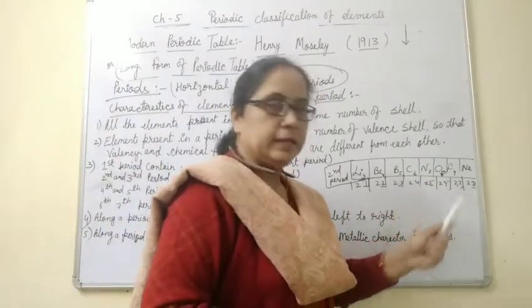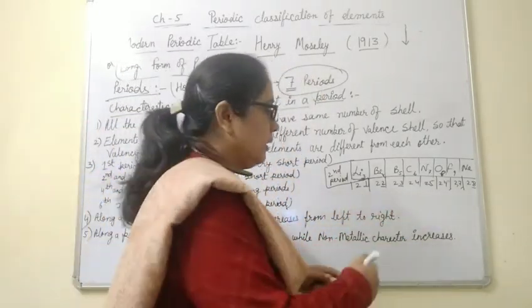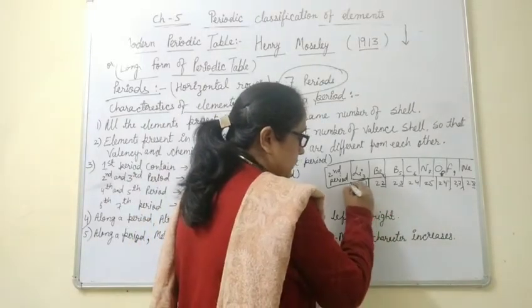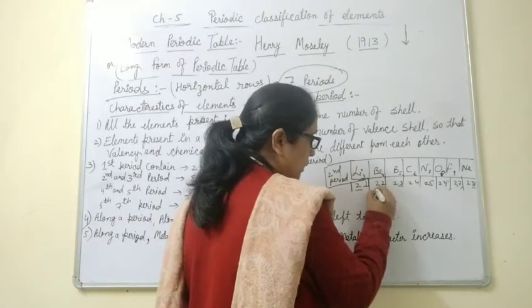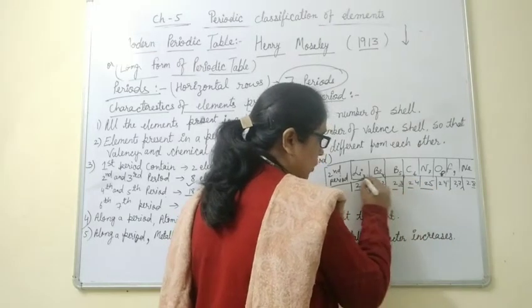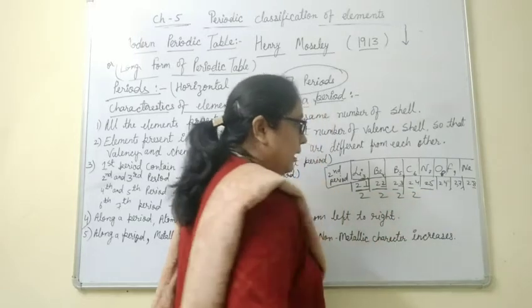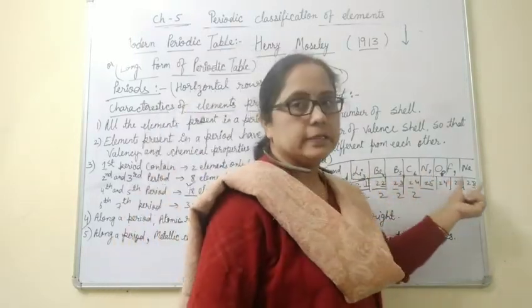Along a period, the atomic radii of elements decrease. The reason is that the number of shells of each element in a period is the same. They all contain two shells, while their atomic number increases.